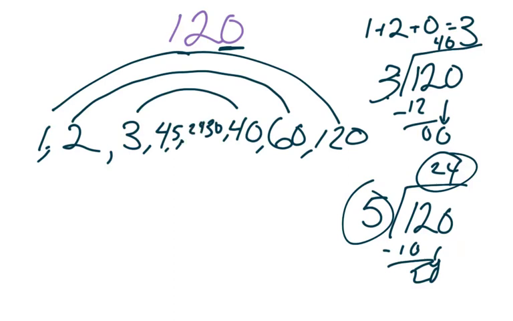6. Let's check it. To be divisible by 6, 120 has to have a factor of 2 and a factor of 3. Since it has both, I know 6 is also going to be a factor, and oh boy, I already ran out of room, even though I knew it was going to be a big one.